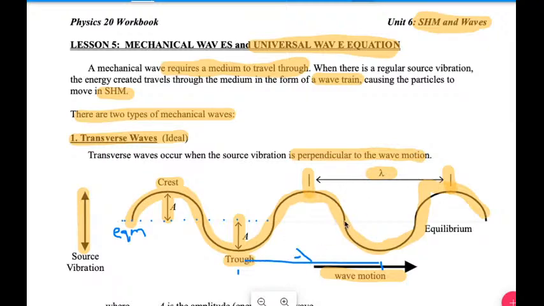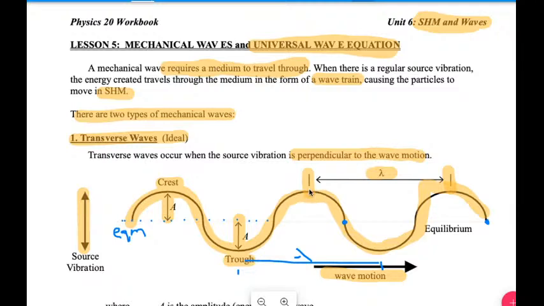Or we could measure it from this point where our particle is about to begin going down, where it's at equilibrium, and that would be another wavelength. So wavelength is always just between 2 points on the wave that are moving synchronously. I don't know if that's a word, in synchronization.